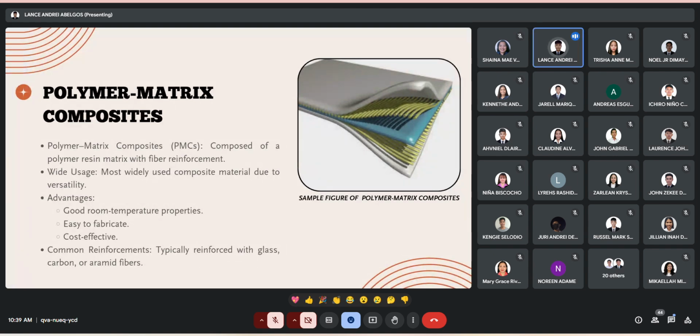Sa polymer matrix composites or yung PMCs po, it is composed of a polymer resin matrix with fiber reinforcement such as glass, carbon, or aramid materials embedded within a polymer matrix.